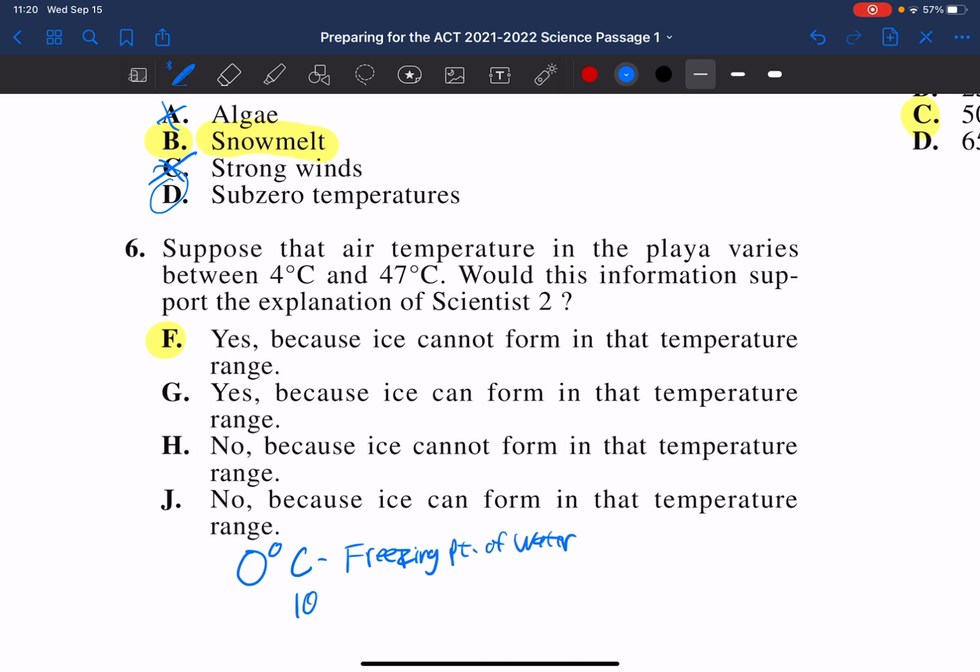And then 100 degrees Celsius is the boiling point of water. So we are clearly in between that, between 4 and 47. That means that this is telling us that it is always a liquid, never ice.